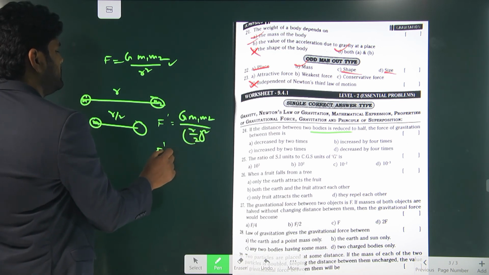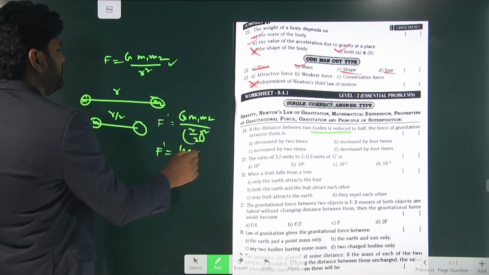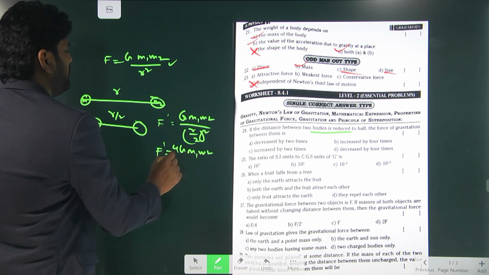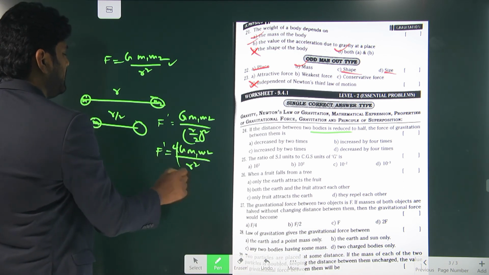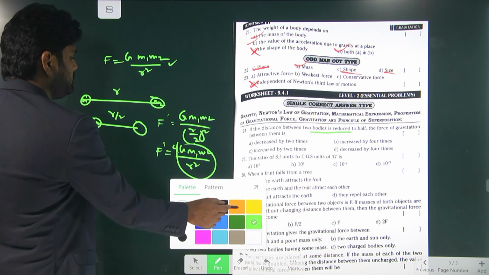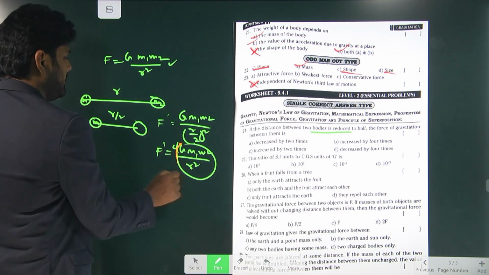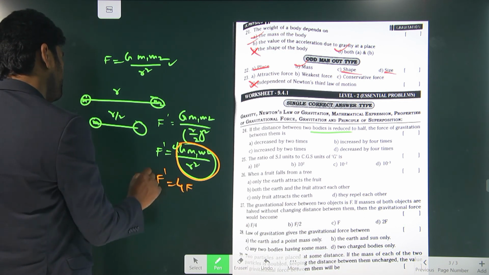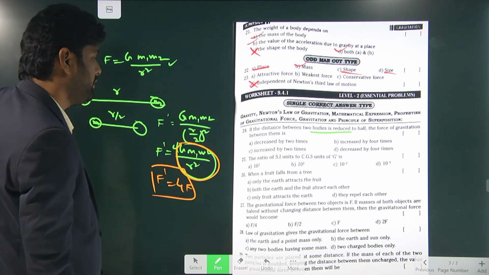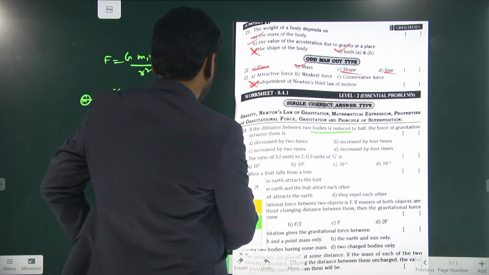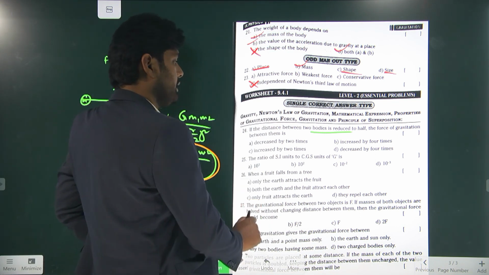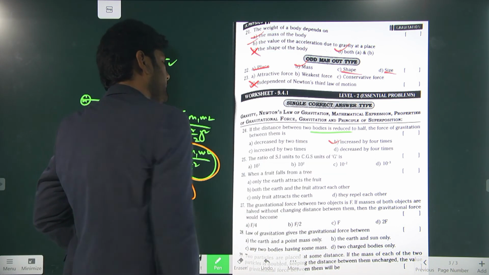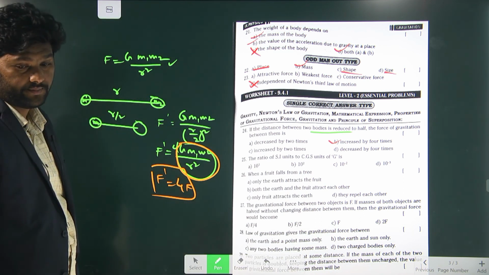So F dash is equal to G m1 m2 by r square upon 4, which is 4 times of F. So F dash becomes 4 times. Increased by 4 times, so that is your answer.